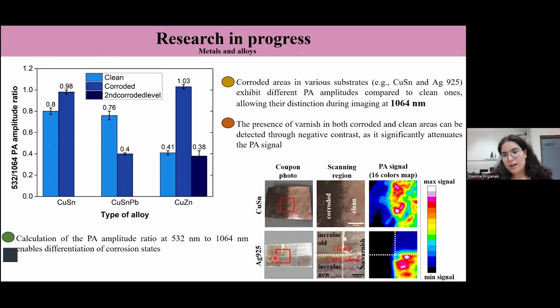And moreover, if there is a varnish layer, for example, there at silver 925, all the left region is covered with Ingralac varnish, and the right region is uncoated. So you can see that the photoacoustic signals are very, very attenuated when they meet a covered, coated region. So we can distinguish those two regions almost with negative contrast.